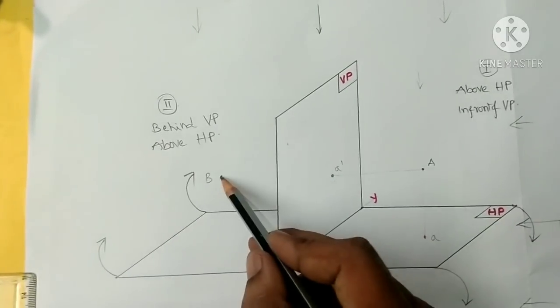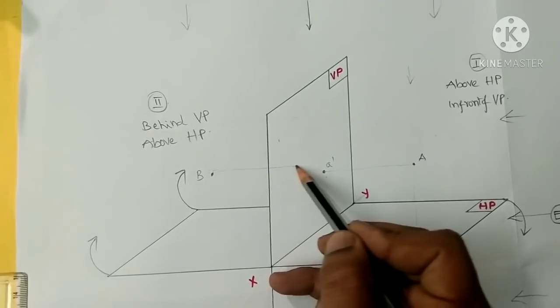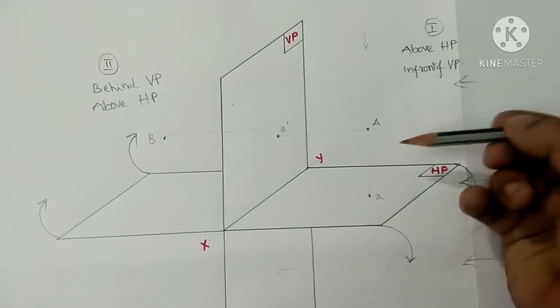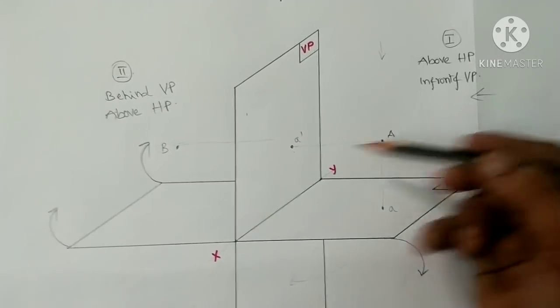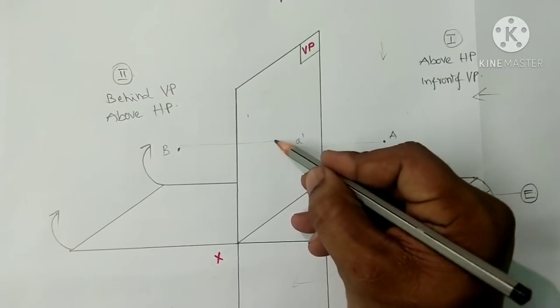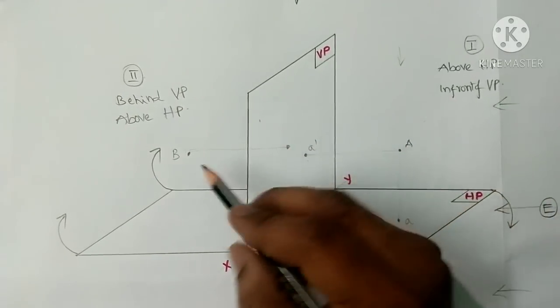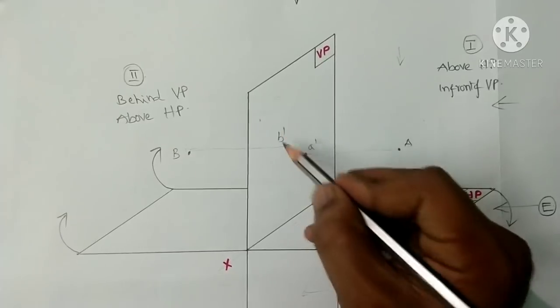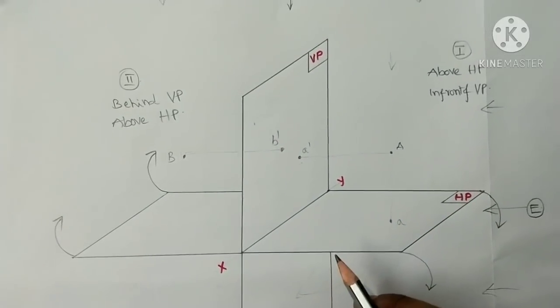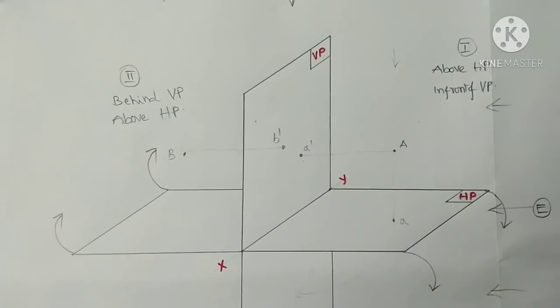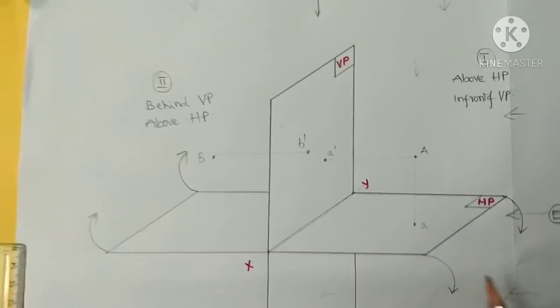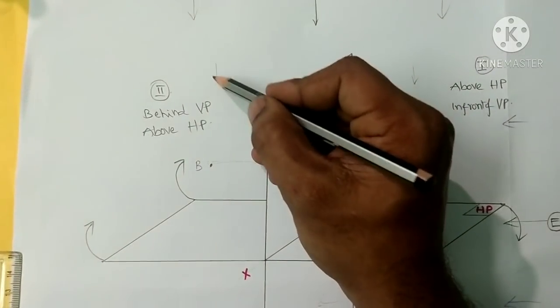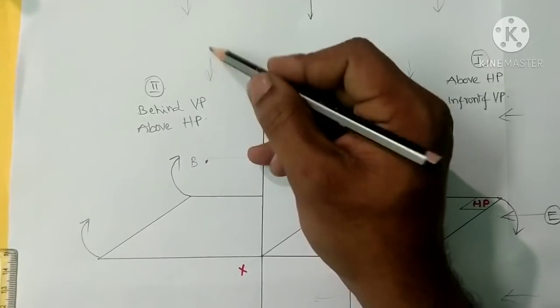So here this point will be projected onto the vertical plane. This is the front view. So as per this condition, front view is located on the vertical plane. So capital B becomes B dash, because that is the front view naming representation. And for the purpose of top view, as I said, we have to see the object in this direction.